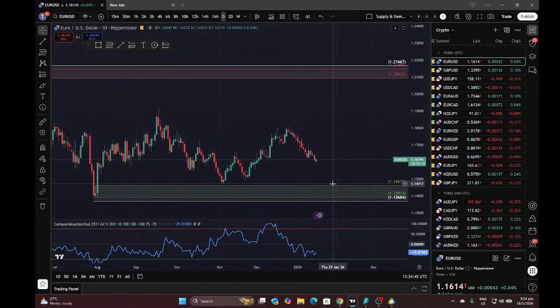The tools that I use for my trading journey are basically TradingView. That's what you're seeing on the screen. This is what I use for all my charting, and I don't use a huge amount of indicators. I only use the Campus Valuation Tool indicator.